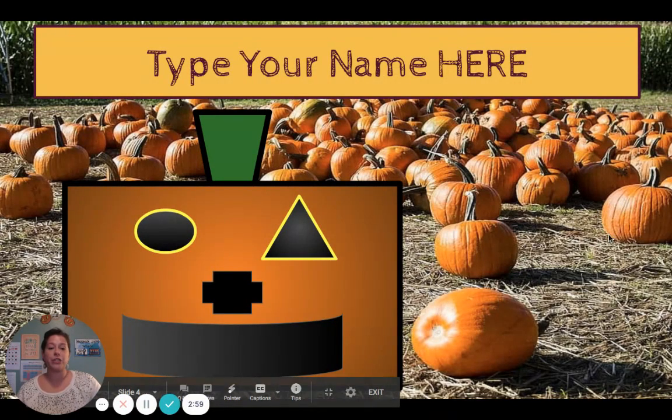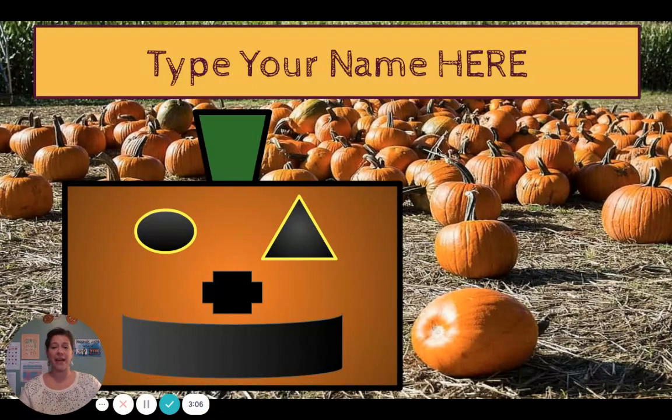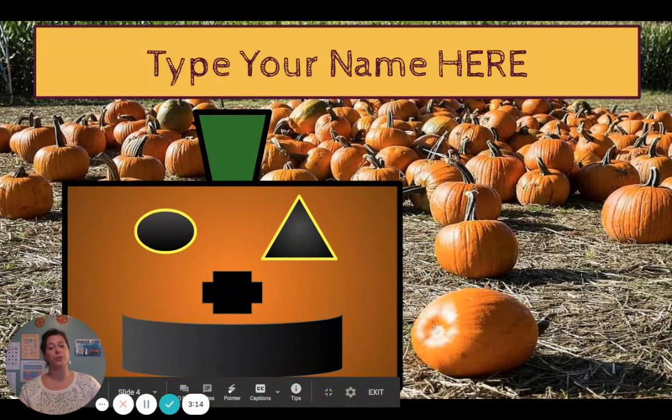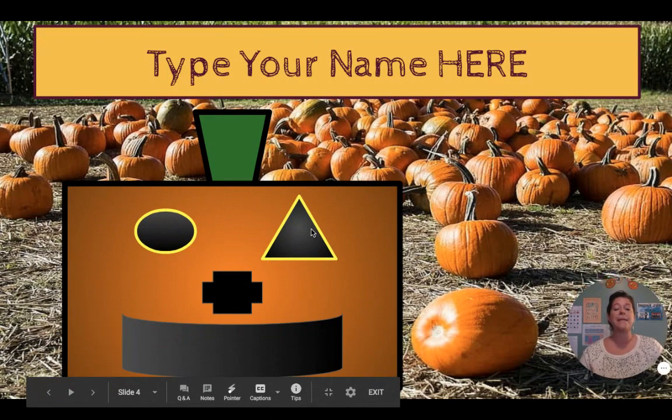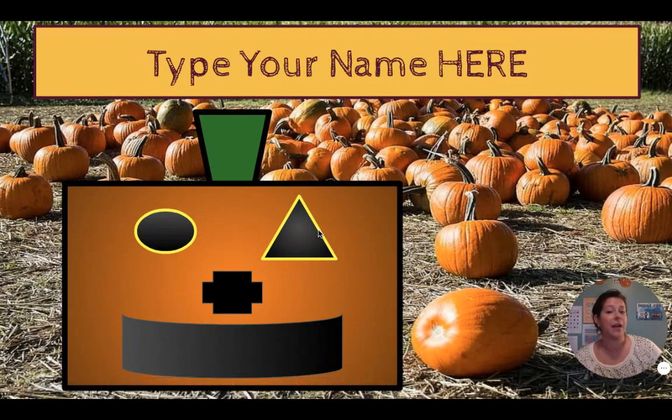So let's see what we're going to do. The first thing we're going to do is you're going to open your slideshow from last week. So this was the pumpkin I created in Google Slides, and here is my slide from last week. I made a rectangle pumpkin. You could do rectangle or square. It doesn't matter, okay? But it does need to be a rectangle or a square.